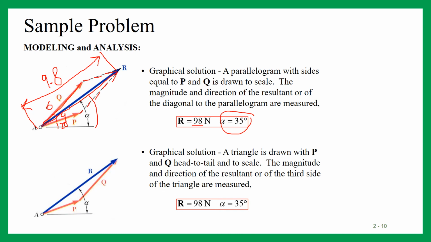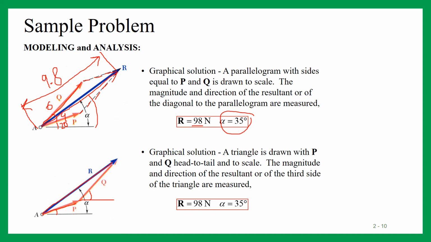Similarly, when you draw the triangle law, this is the triangle law solution. First you draw P. This angle is 20 degrees. Then from the tip of this, you draw the second vector, and this inclination should be 45 degrees, because this is 20 and 25.